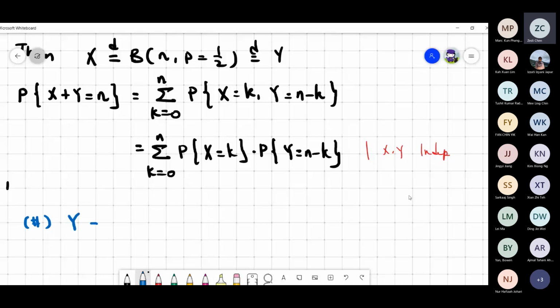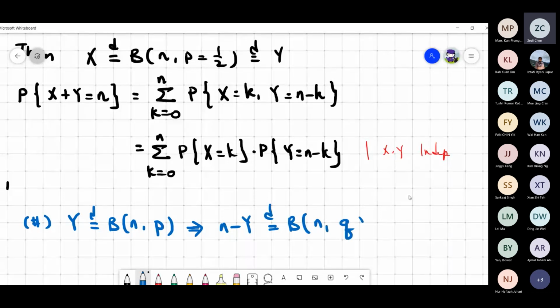When Y is a binomial distribution with N trials and probability of success P, then N minus Y must also be a binomial distribution, with N trials and Q.